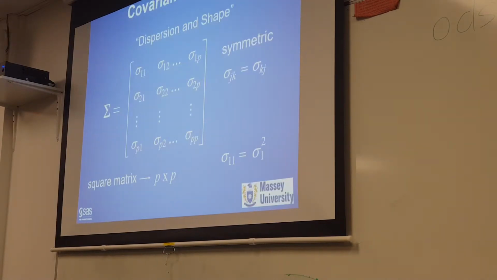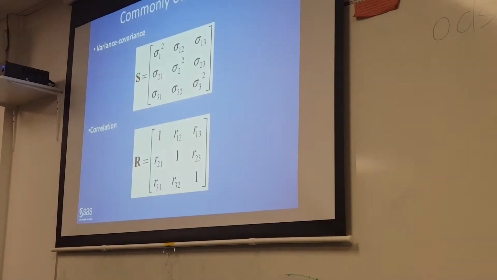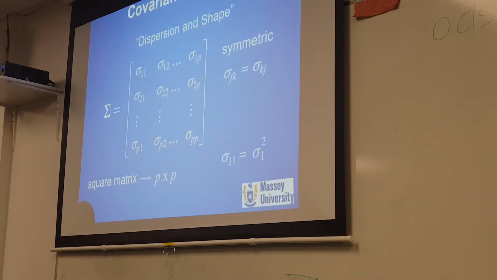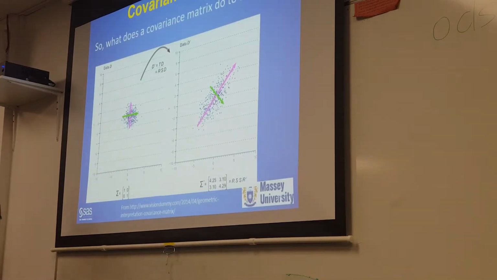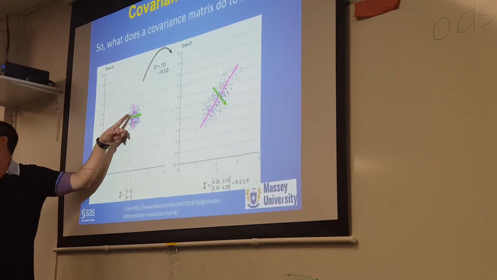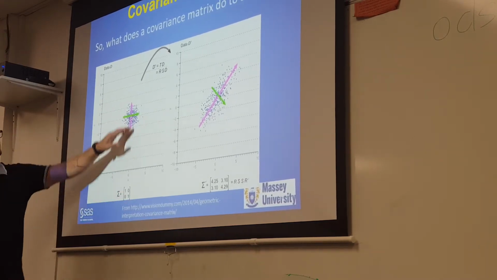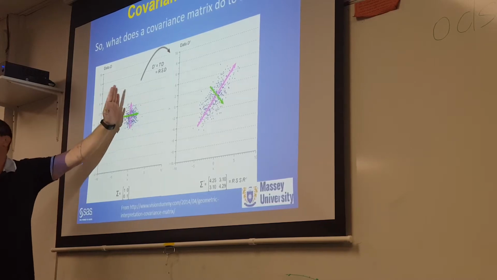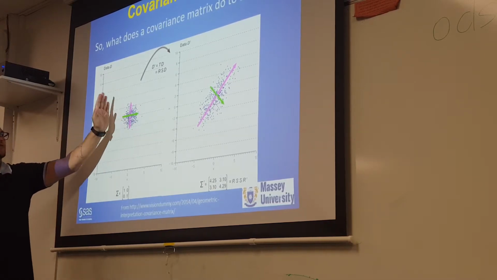Okay, so I've done that already. We'll talk about these again. I just want to talk about covariance matrices. So let's think about this. What does a covariance matrix, which we're going to be using so often, do to a vector? If I take a vector, let's say each of these data points represents a vector. This is just white noise data, a random scattering of data points with a standard deviation of 1.